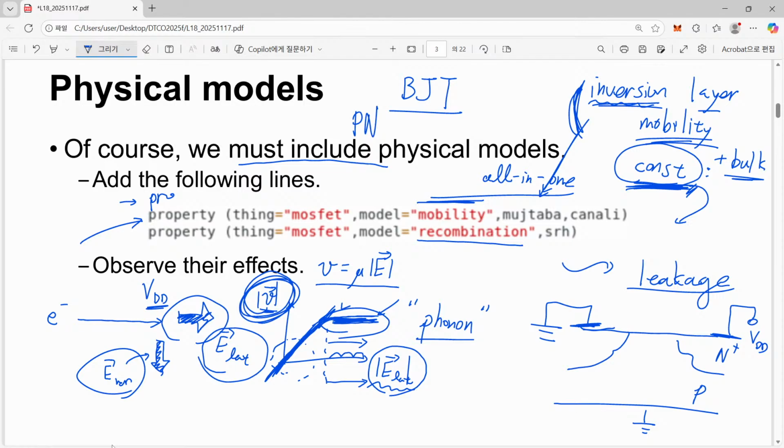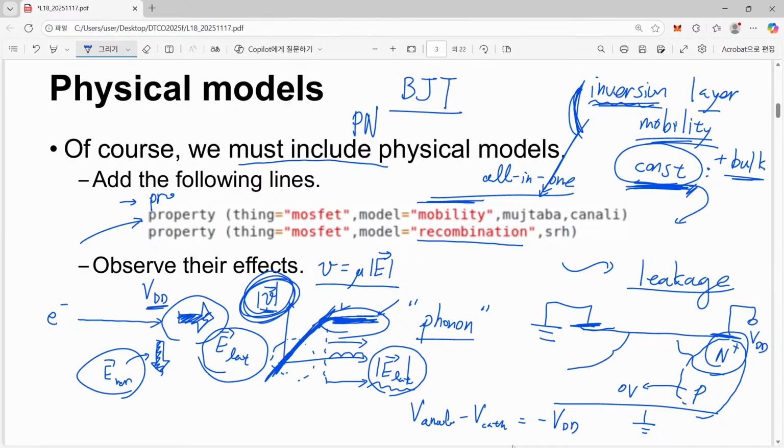When we think about this junction between N plus and P, the P part is biased to 0, and the N part is biased to VDD. If we just consider anode voltage minus cathode voltage, then it becomes minus VDD.